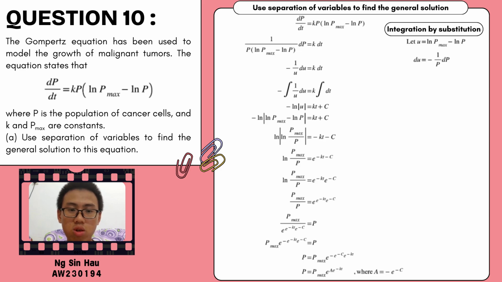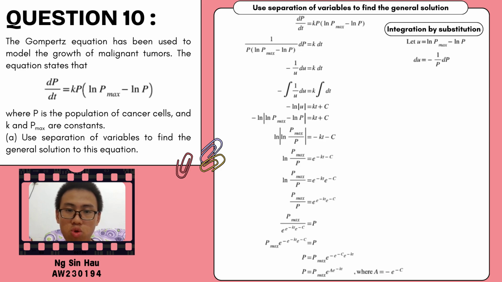Since this question states to use the separation of variables method to find the general solution, we just integrate as usual. We put the P terms on the left hand side and the T terms on the right hand side. And then we use integration by substitution to solve this problem.